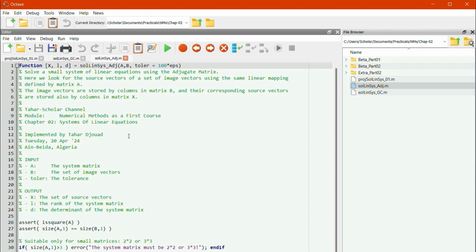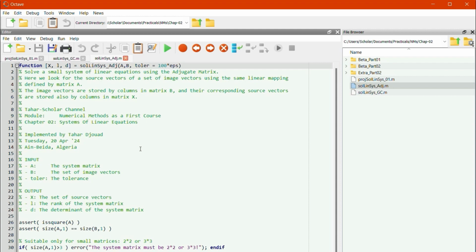So this is the first time actually I implement the adjugate matrix, because I used to think that the efficient way to solve small systems of 2 by 2 or 3 by 3 is Cramer's rule. And calculating the inverse of a matrix is always inefficient. But that's not true.